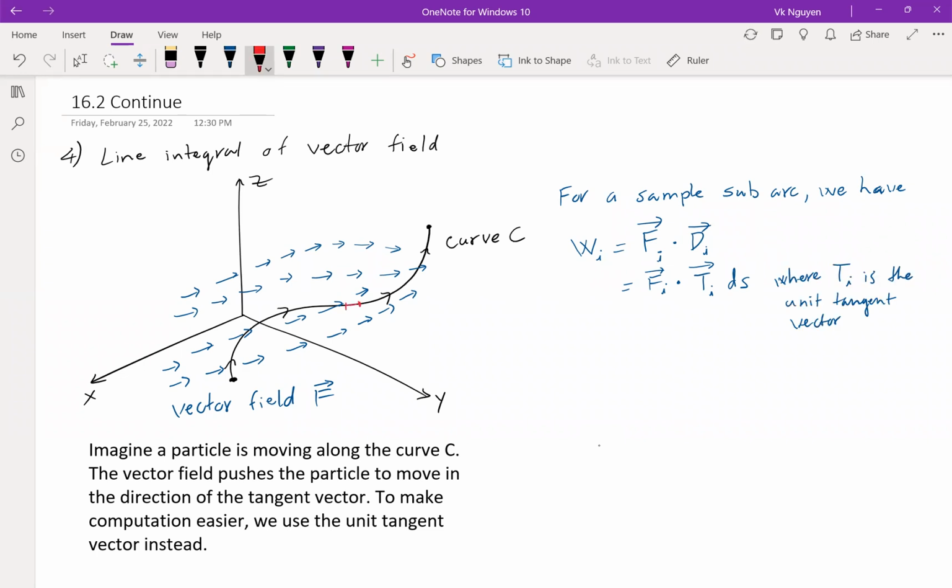This is the subarc, right? ds is a very small subarc here. You see that this is the vector field here. It will push the particle, of course, in the direction of the unit tangent.